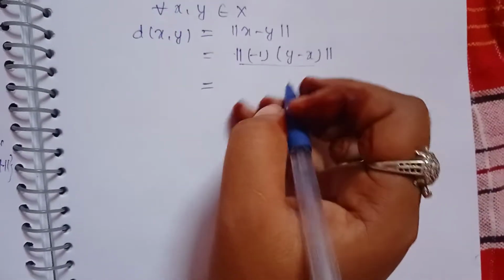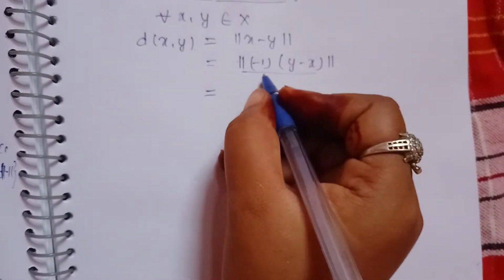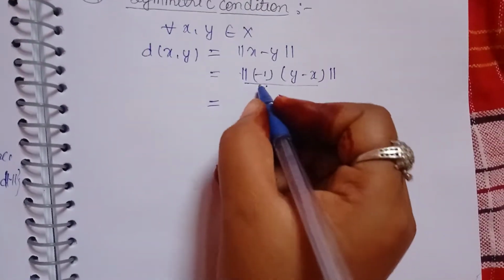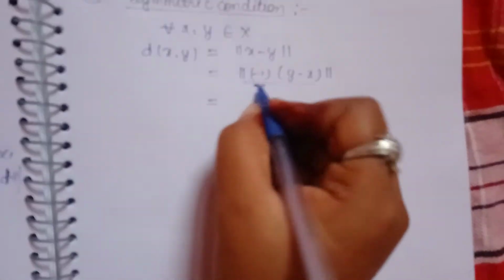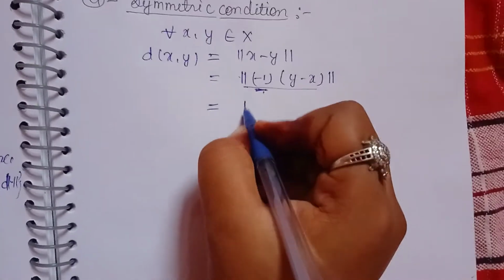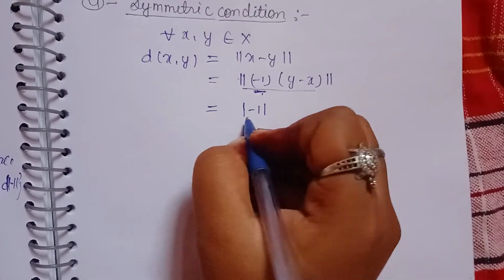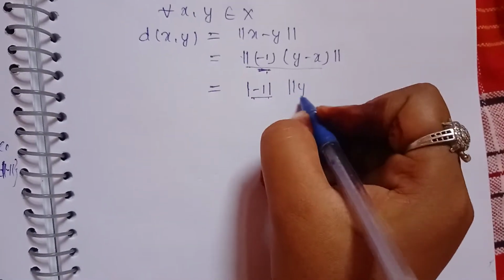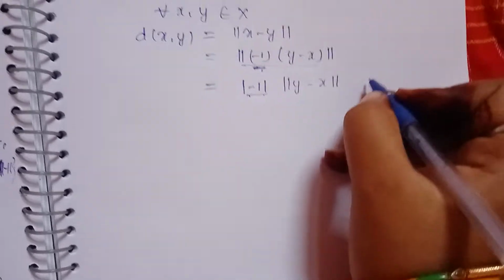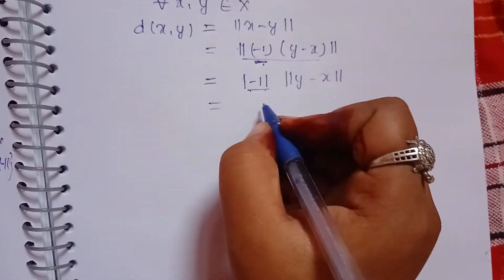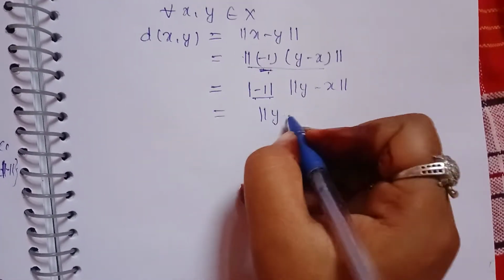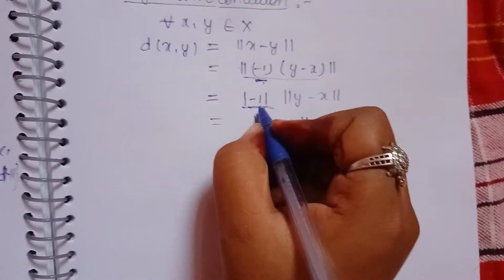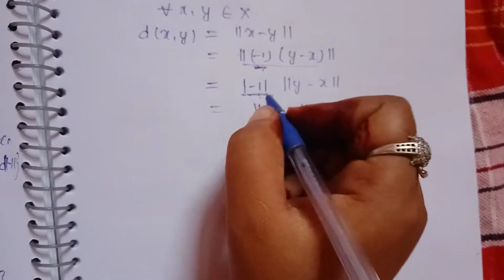And by the definition of norm, which is a scalar quantity, it will be modulus of alpha, that is modulus of minus 1, times norm of y minus x, which equals norm of y minus x, because the modulus of minus 1 gives a positive value.